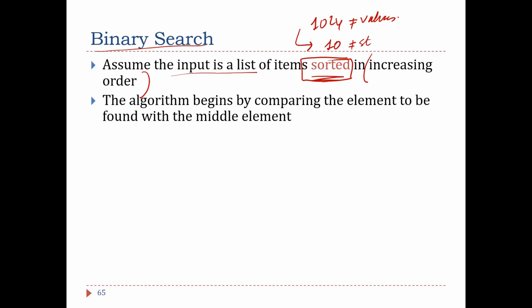You can play this game with your little brother or sister or anyone and ask them to write down on a piece of paper a certain number between 1 and 1024, and ask them to tell you whether the number they picked is bigger, equal, or less than the guess that you made.